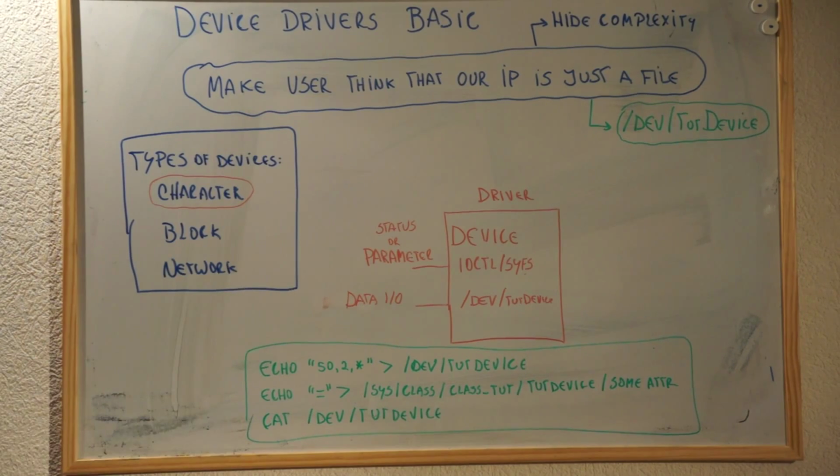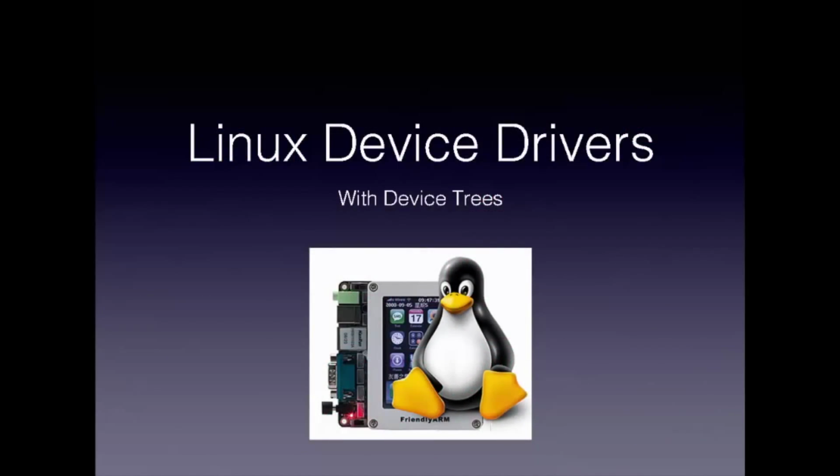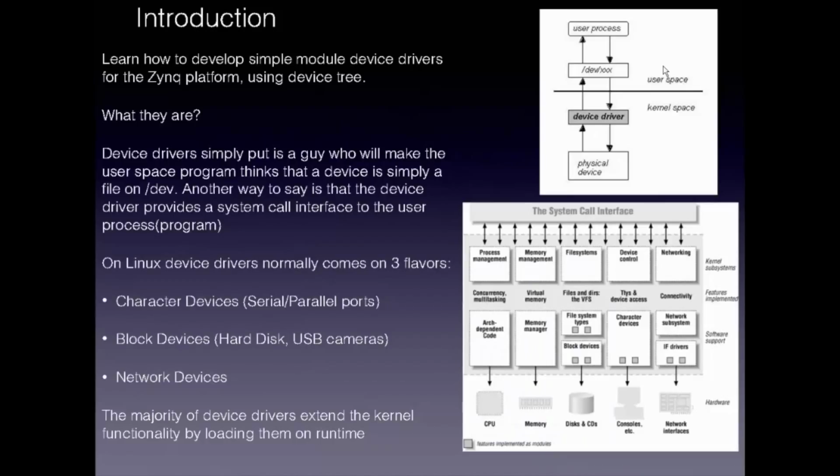So let's start. Okay guys, so this is a presentation that I created to introduce a little more about device drivers with device trees. Learn how to develop simple module device drivers for the Zynq platform using device trees. So what are device drivers? The idea is that with the device driver, we're going to hide the complexity of the device from the user.